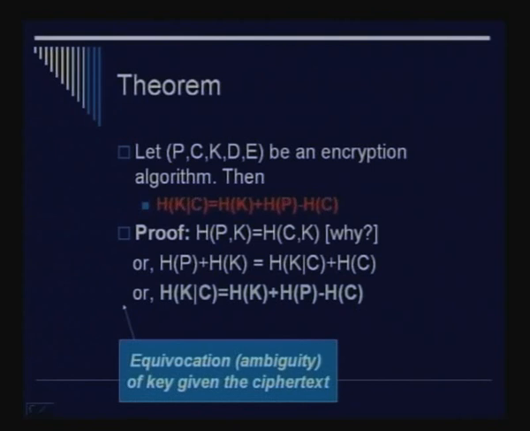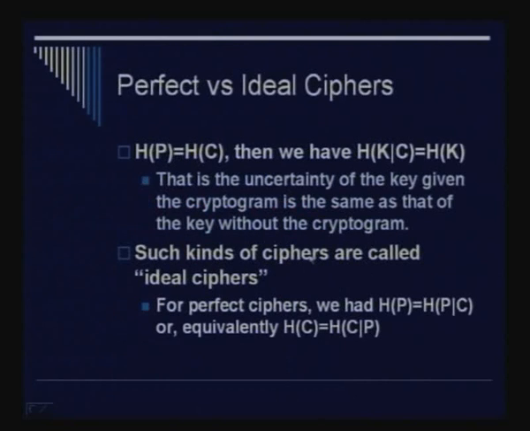The English language has a frequency distribution and hence an entropy. Imagine that the ciphertext also possesses the same entropy, then H(P) and H(C) would be identical, and therefore we would obtain H(K|C) equal to H(K), and that is the definition of ideal ciphers.